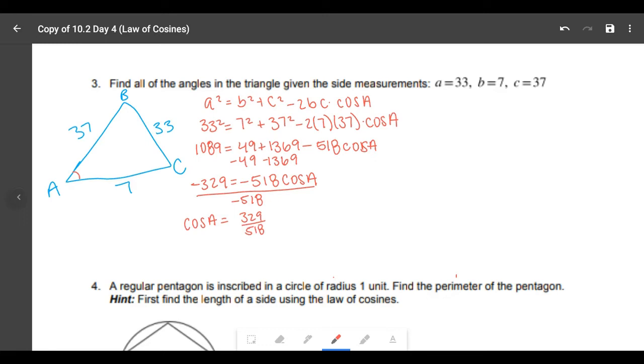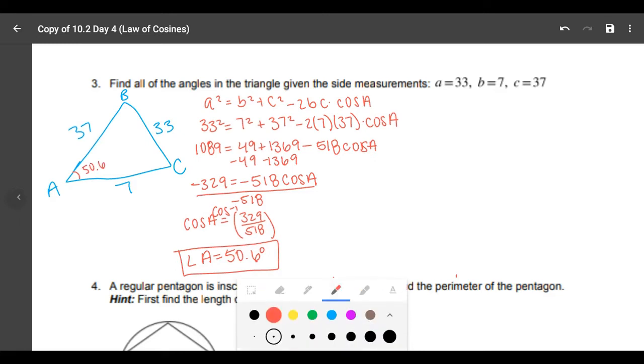And if I take the inverse cosine of that, we should get that angle A is approximately 50.6 degrees. So I'm going to go ahead and label that there.